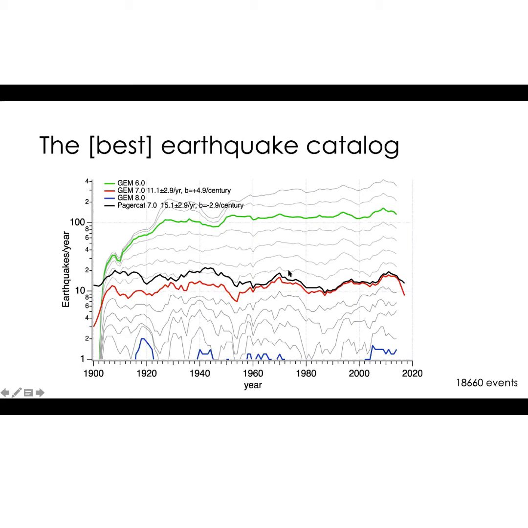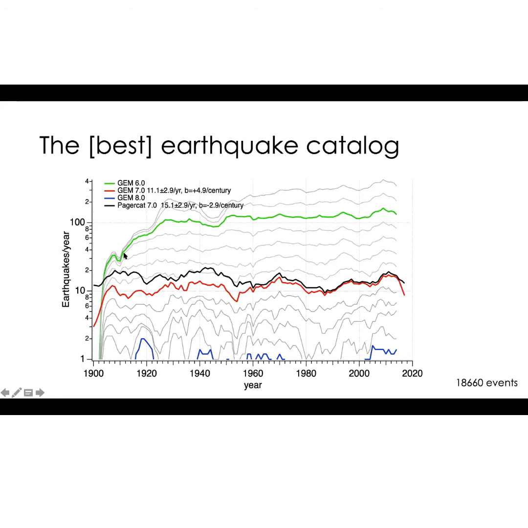And you can also see a problem of completeness that's biased by event magnitude. So it looks like, at least within the high level of variability, that the global earthquake catalog is close to complete, maybe back as far as 1910 or just before.